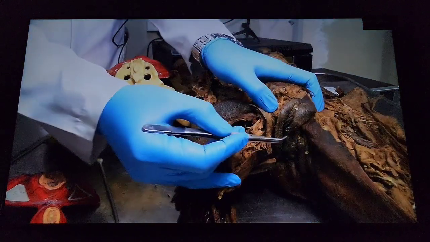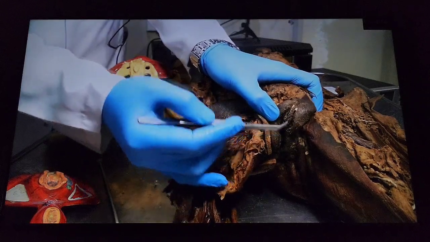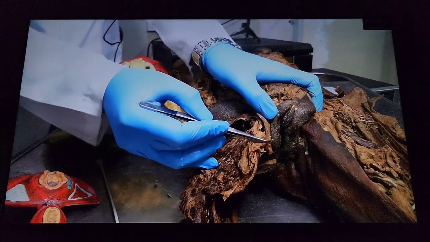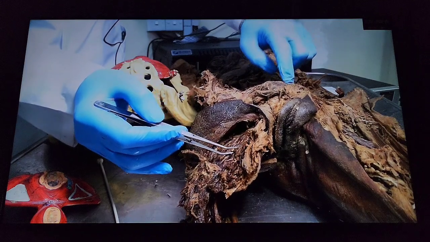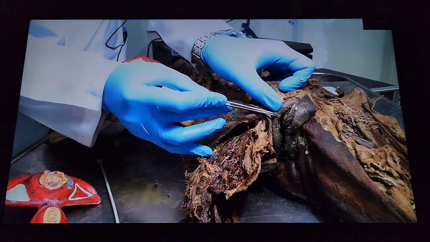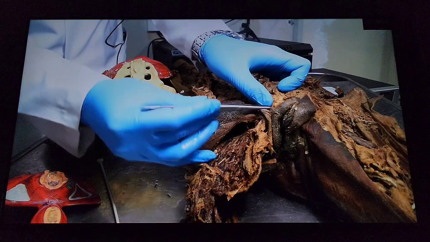Regarding the female external genitalia, this is the cadaveric description of the female perineum. You can see this is the area just below the pubic symphysis called the mons pubis. And here you can see a large fold, cut by the forceps.